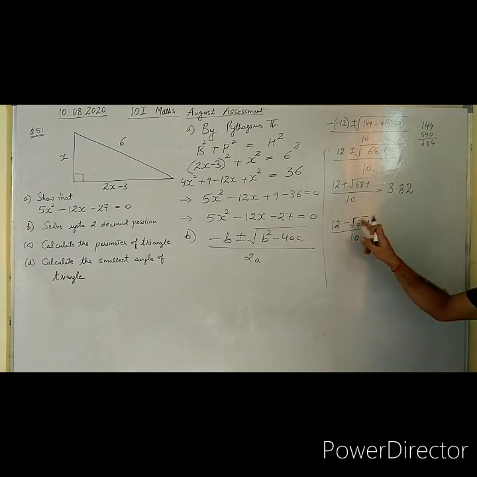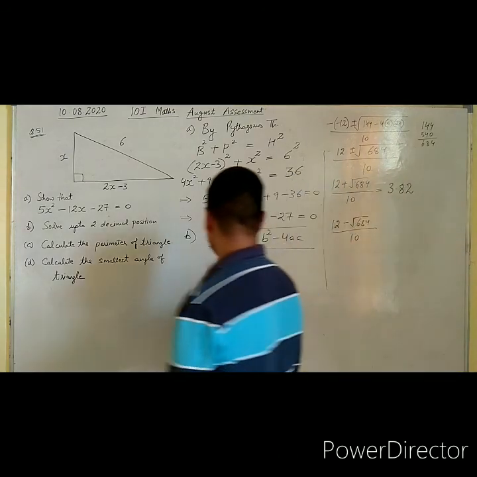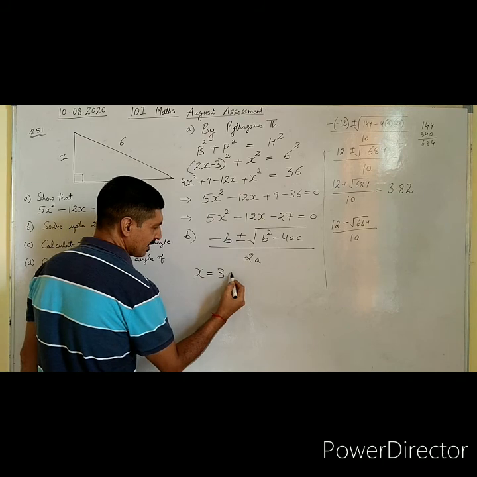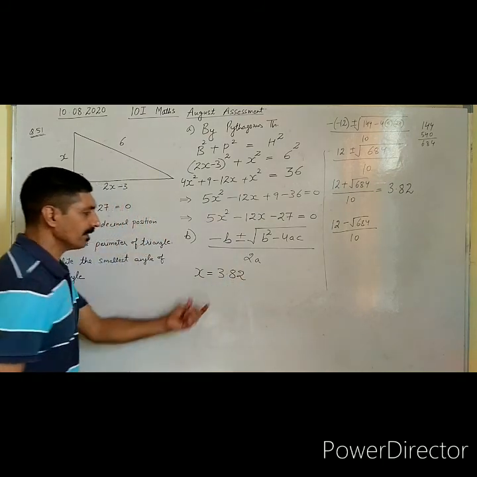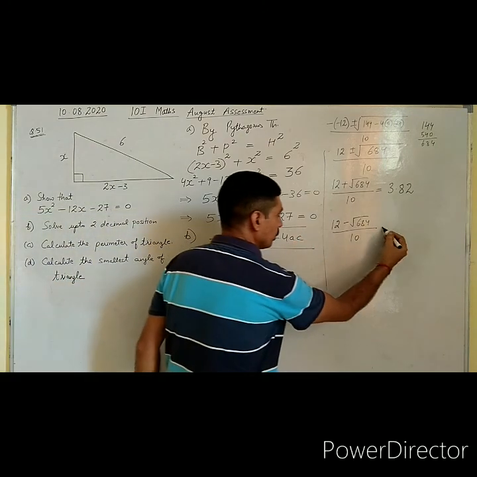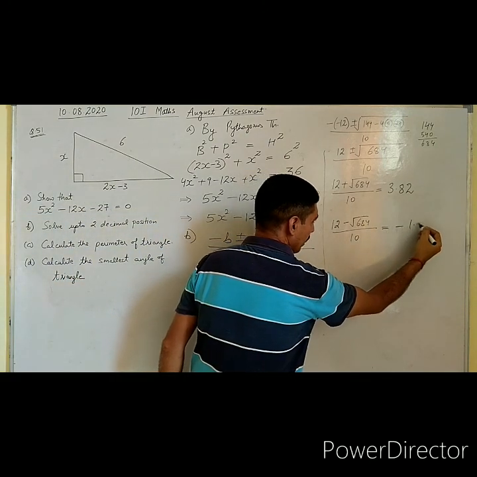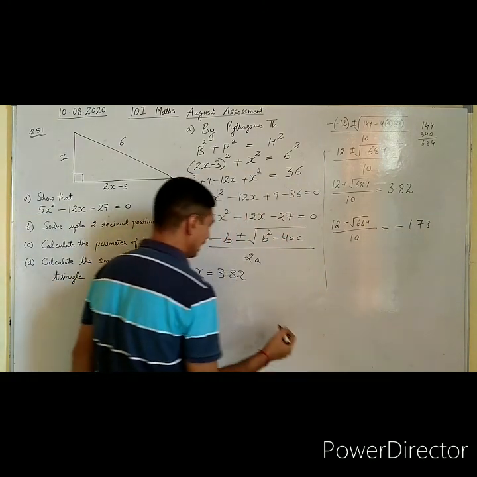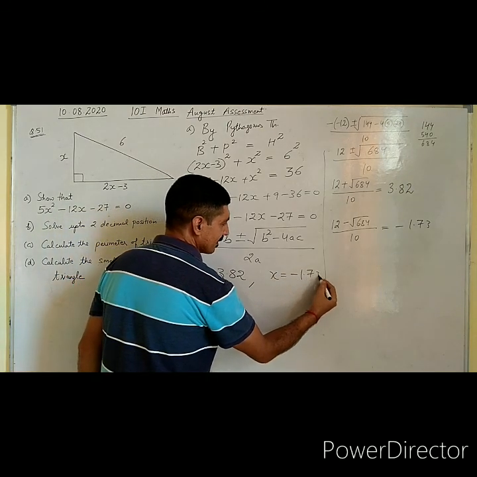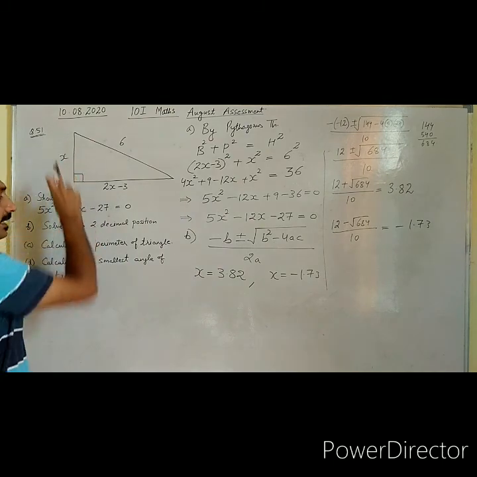And whereas the negative value, so here one value of x we are getting is 3.82, and here the length is positive, whereas the second value is minus 1.42. So we have to neglect this second value, because length cannot be negative.